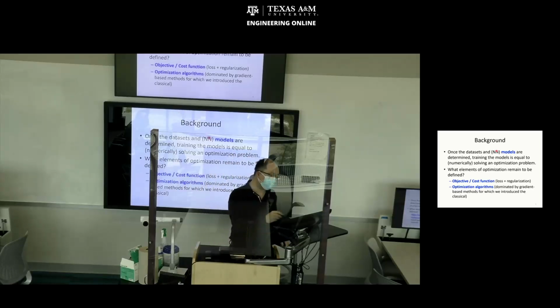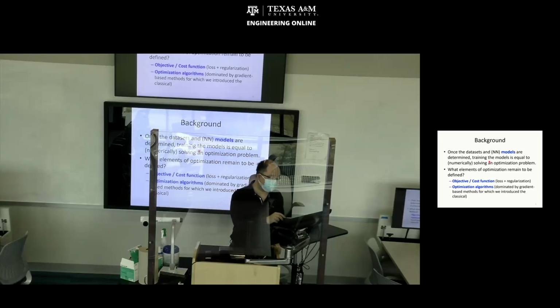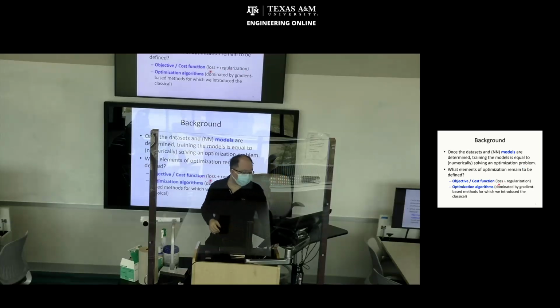So once the data and the models are determined, training the model is equal to solving an optimization problem, where the decision variables are model parameters, right? And the objective function or the cost function is the loss plus regularization, right? And the optimization algorithm or the optimizer is to find the optimal parameters, right?